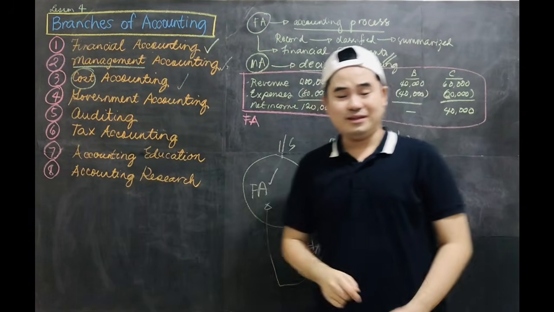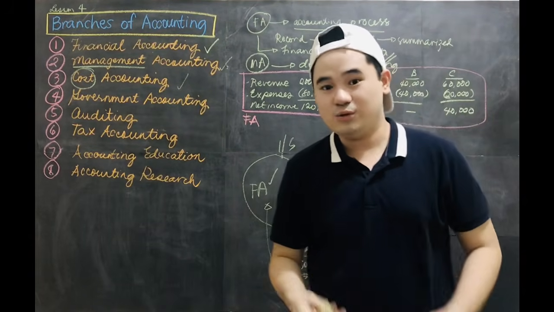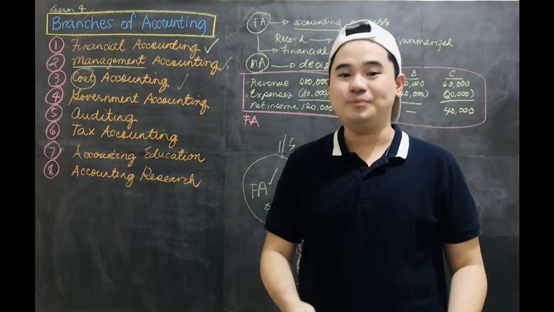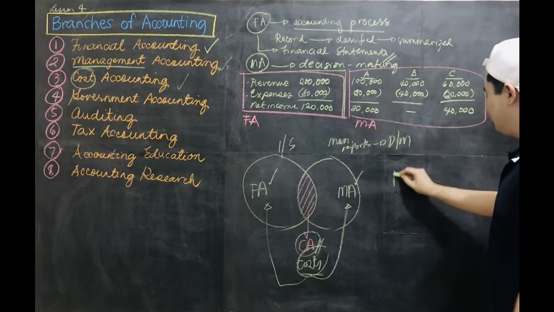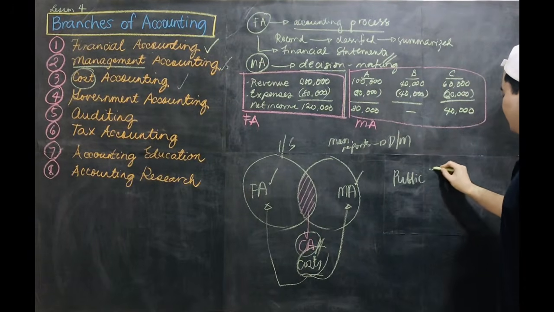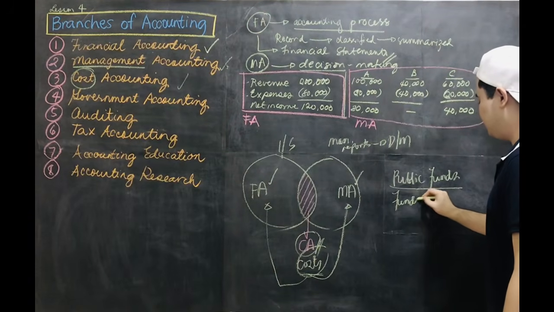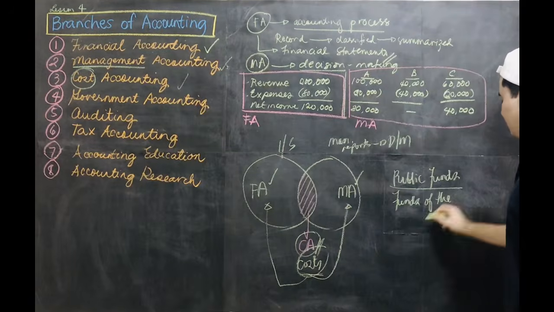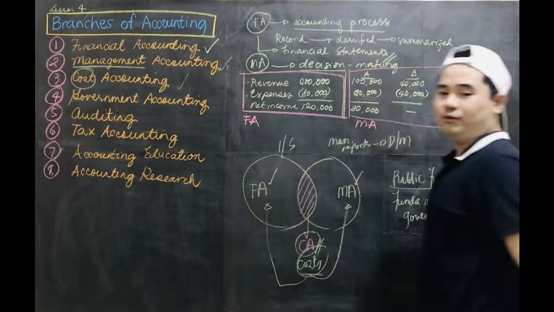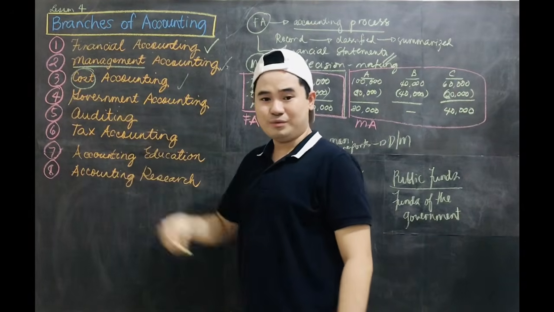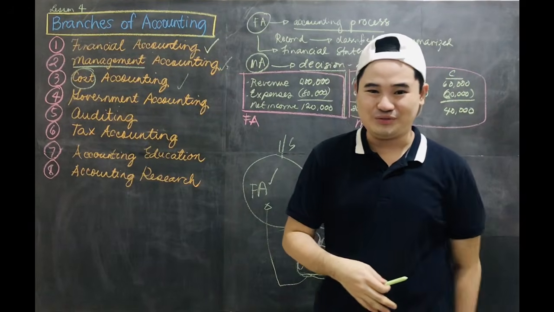Now let's talk about government accounting. Government accounting is a branch of accounting which deals with the receipt and disposition of public funds. Let me highlight that for you. Remember that in the government, what we use are funds that are coming from taxes and other revenues of the government.